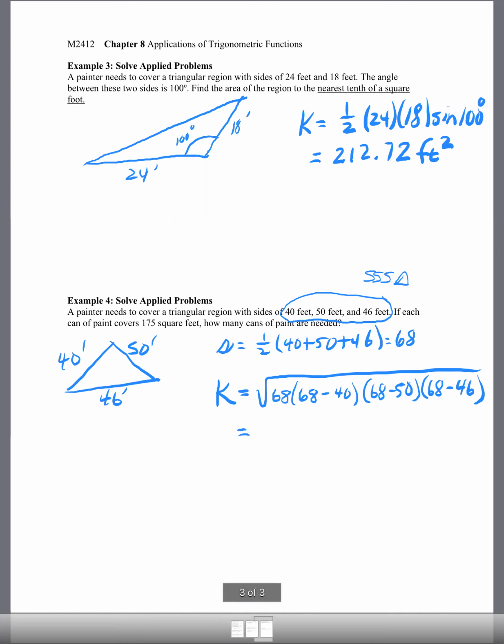So if you put that in your calculator, go straight for the square root. We have 68, and then 68 minus 40, and then 68 minus 50, and 68 minus 46.